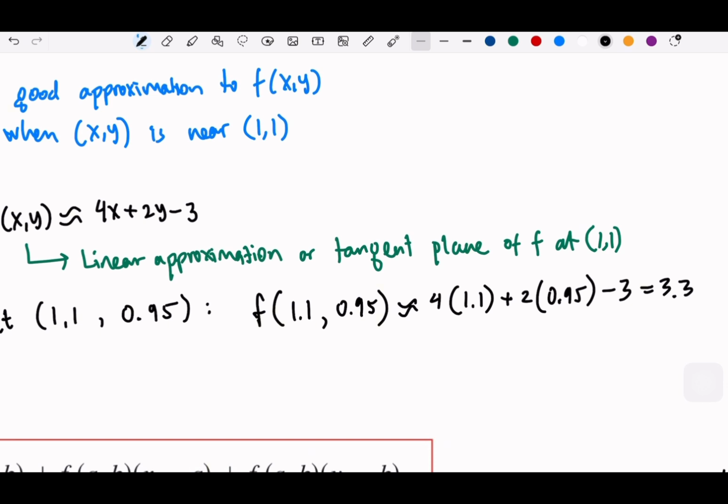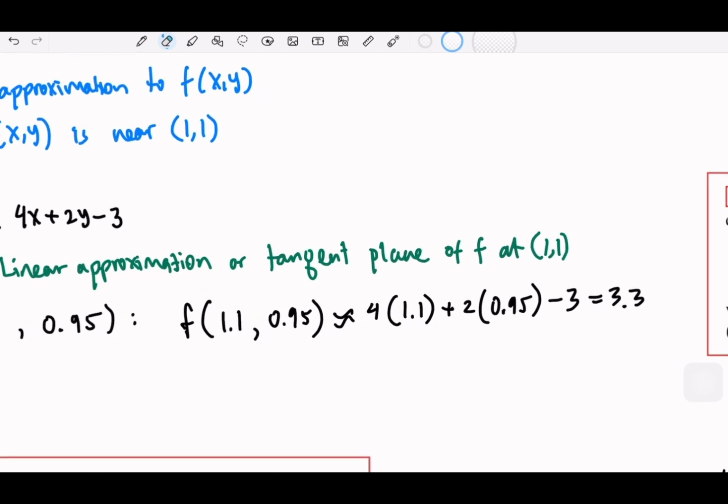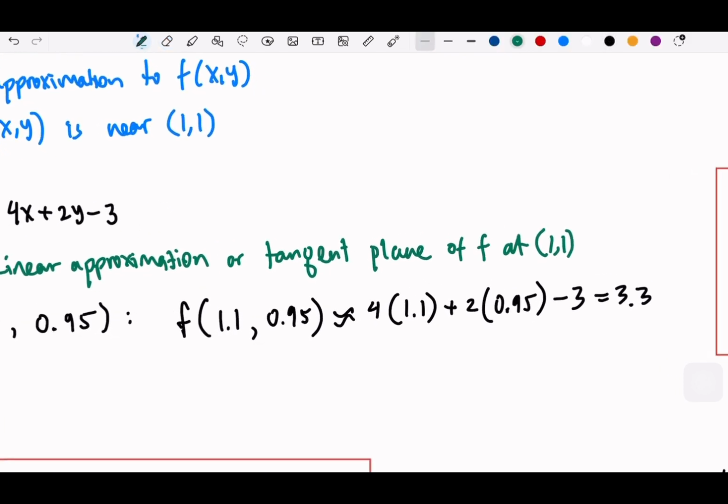And if we compare to our function, so this is the approximation, but the function, this will be 2.